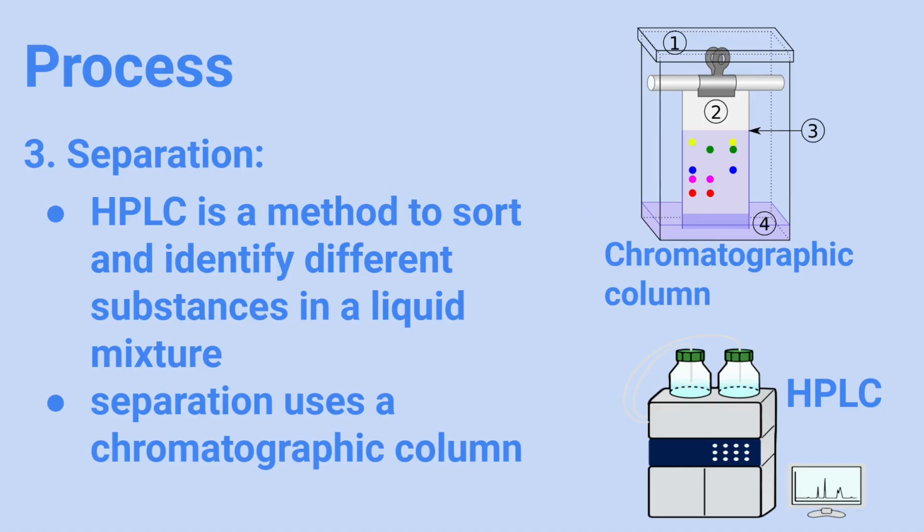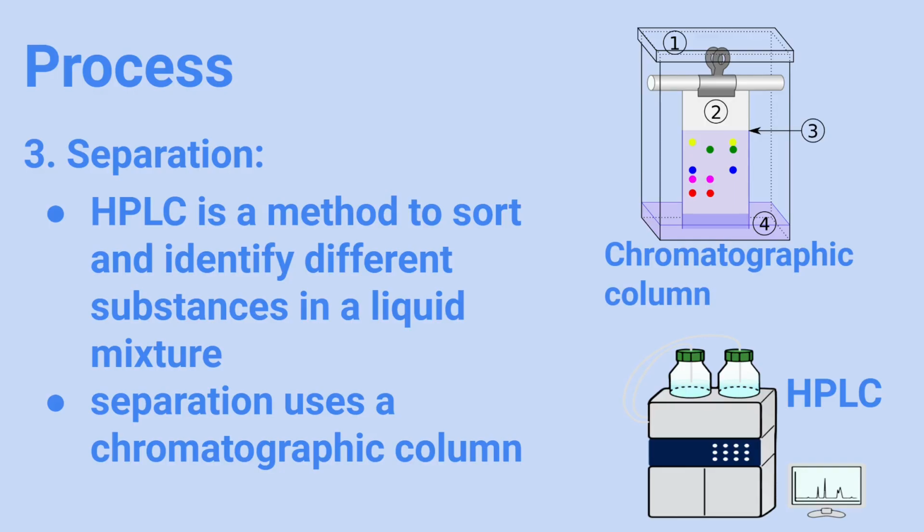The derivatized amino acids are then separated based on their chemical properties. High-performance liquid chromatography, also known as HPLC, is a commonly used technique for this purpose. In a nutshell, HPLC is a method to sort and identify different substances in a liquid mixture, providing valuable information about their presence and quantity.